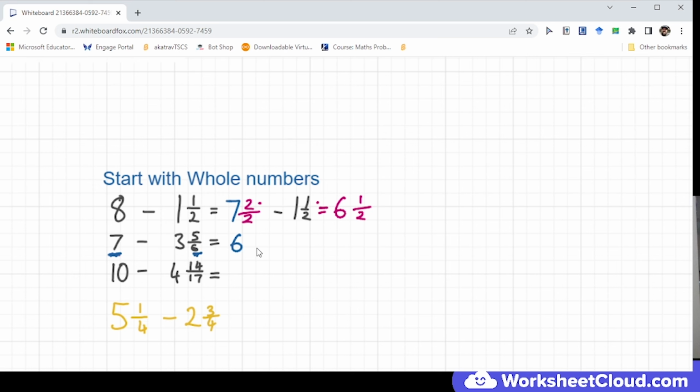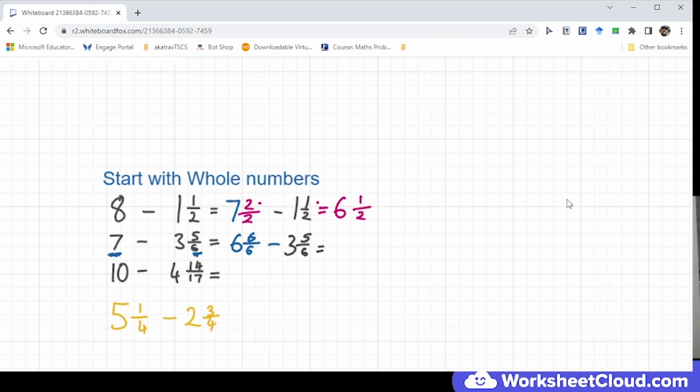And because I'm already looking at 6ths, I'm going to make that 1 into 6 over 6. All right, that way I'll be able to borrow, minus, and the next part doesn't change. I've kept it the same, 3 and 5 over 6.